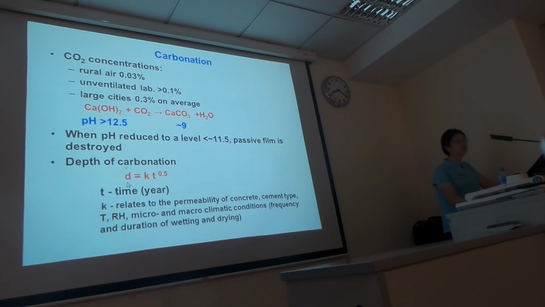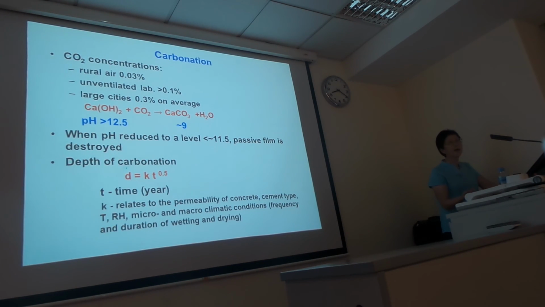The carbonation depth can be estimated using this formula. D here is the depth of carbonation, and T here is the time. K here is a parameter which is affected by the concrete. K is related to the permeability of the concrete.